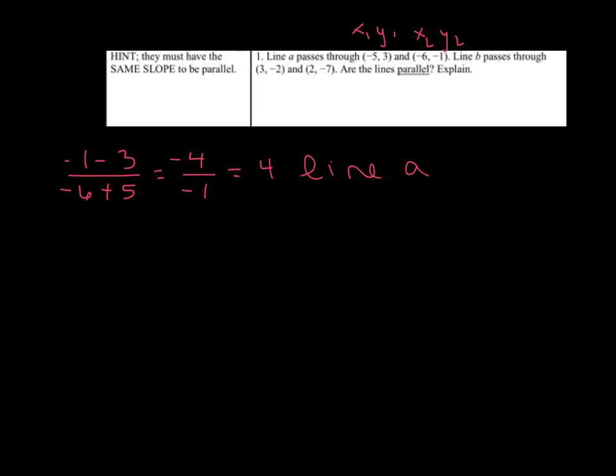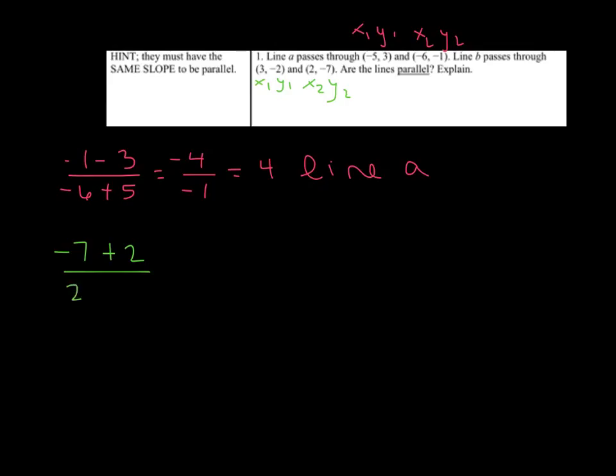Now I need to find the slope of line B. So once again, I'm going to go ahead and label x1, y1, and x2, y2. Now I can use my formula, which is y2 minus y1. Notice y2 was -7 and y1 was -2. That's what made that +2.